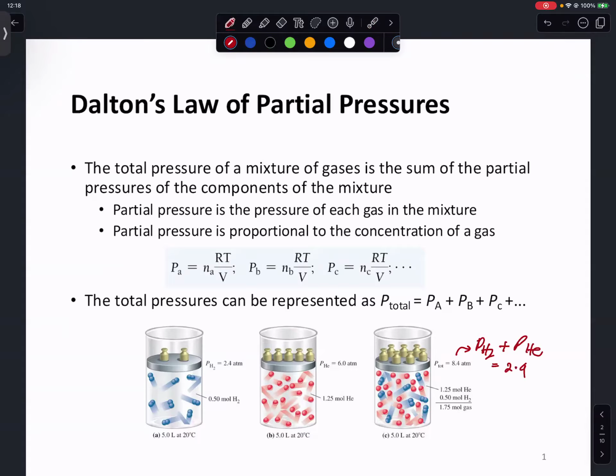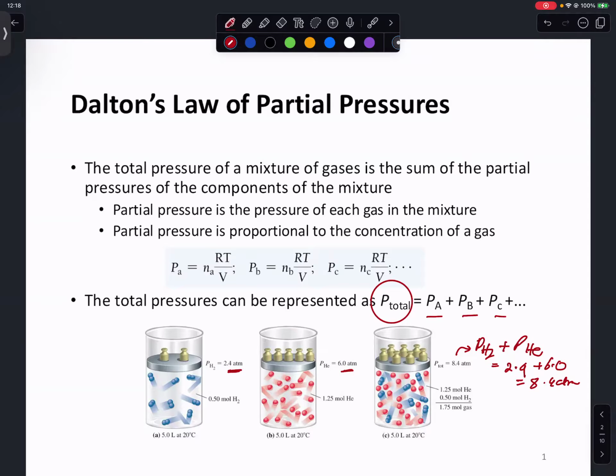In this case, the 2.4 plus the 6.0 will give me the 8.4 atmospheres. So these individual pressures in the mixture are called the partial pressures. According to Dalton's law of partial pressures, the total pressure in the mixture is the sum of each individual partial pressure.